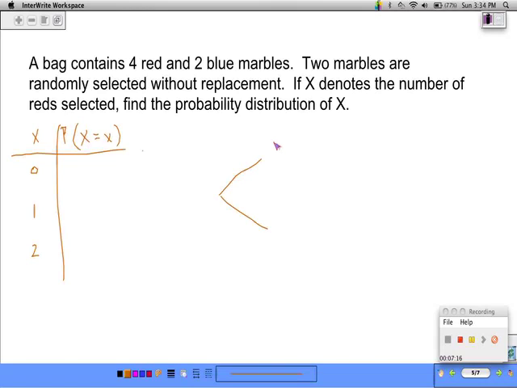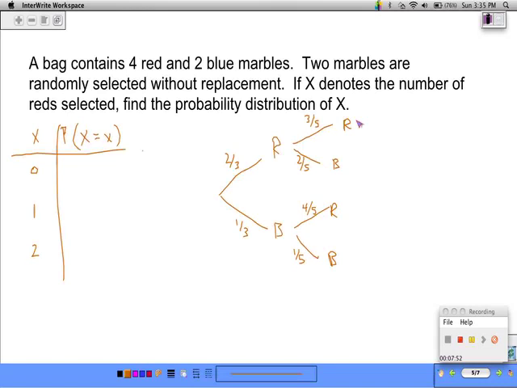We could pick a red or a blue. The probability of getting a red is 2/3. The probability of getting a blue is 1/3. On the second pick, we could get a red or a blue again. On the first branch of the tree, picking another red has probability 3/5, and 2/5 for picking a blue. On the second half of the tree, 4/5 picking a red, and 1/5 picking a blue.